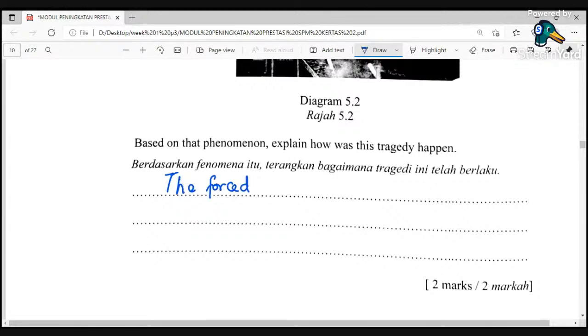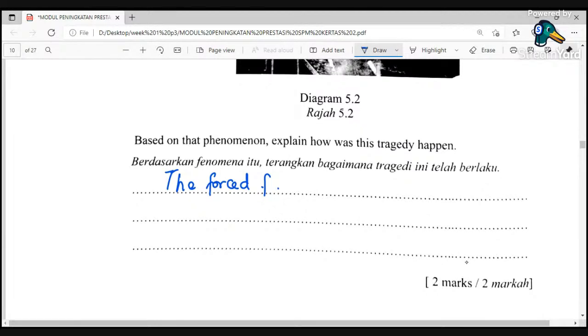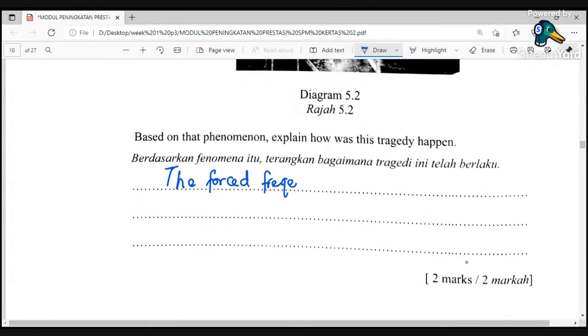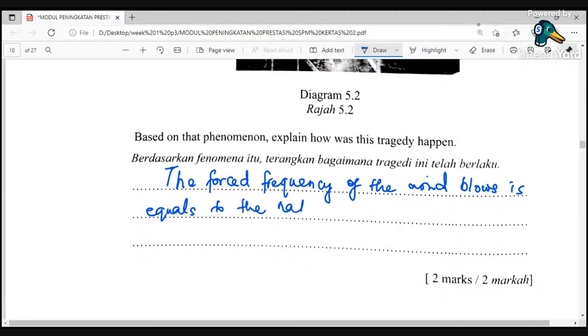The force frequency of the wind blows is equals to the natural frequency of the bridge.